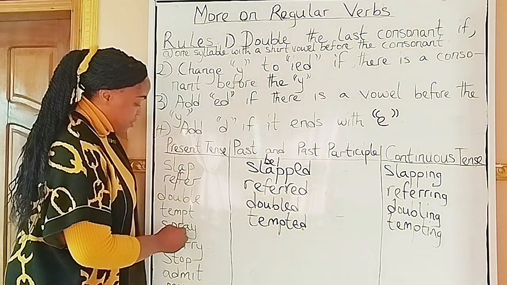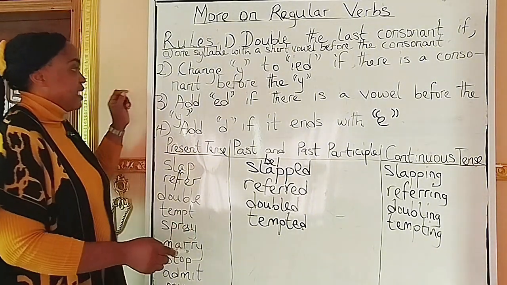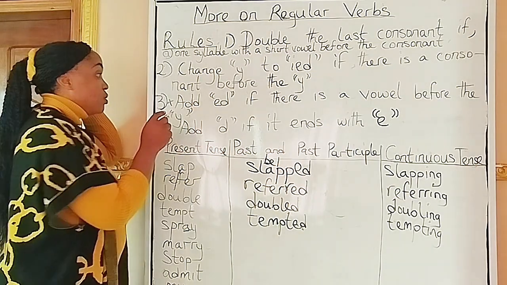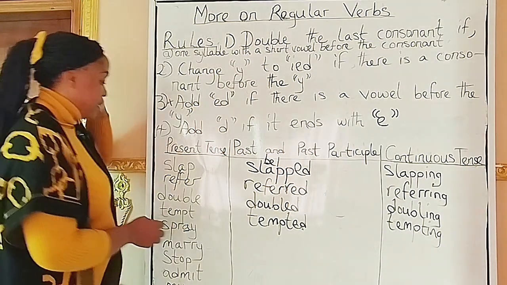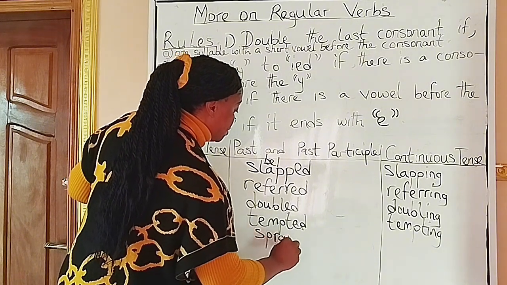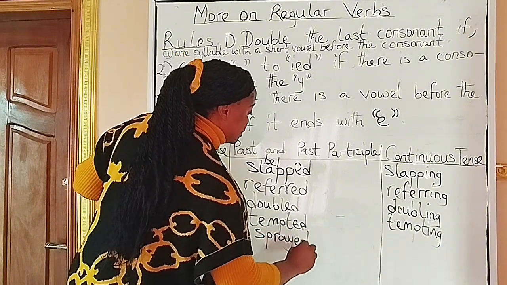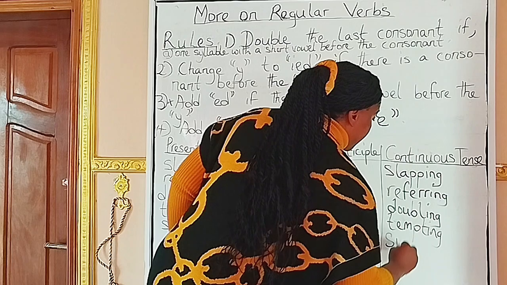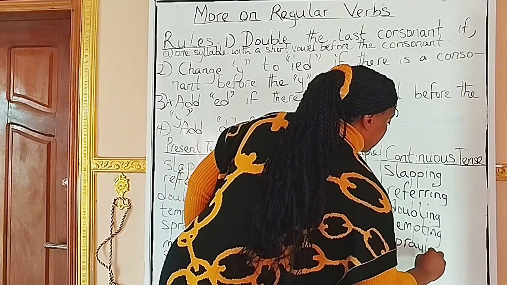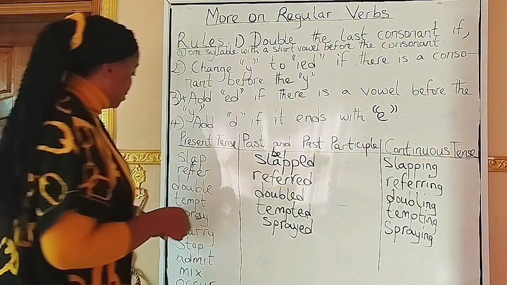There is a vowel before the Y, and that is rule number 3. When there is a vowel before the Y, you add ed. So we say spray becomes sprayed, and here becomes spraying. Let's go to the next.